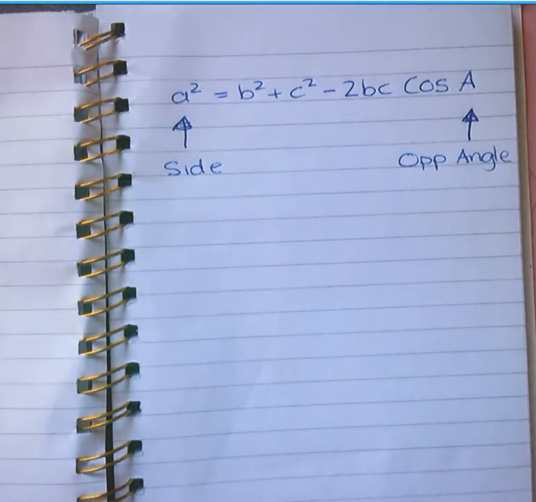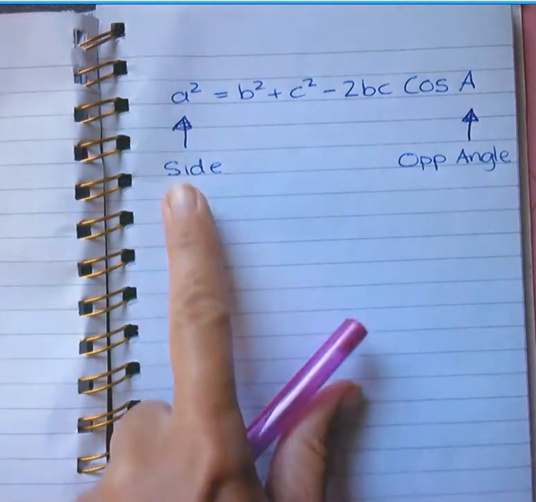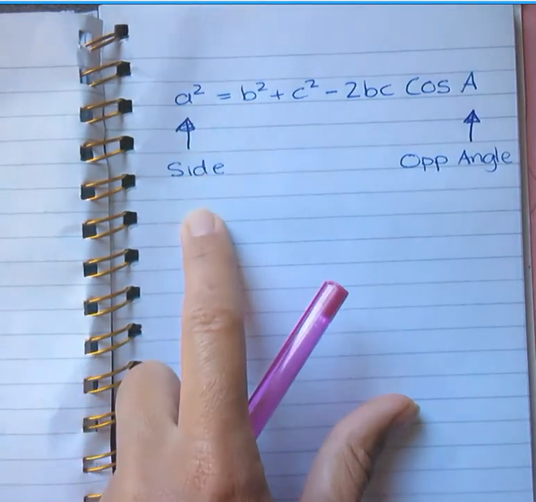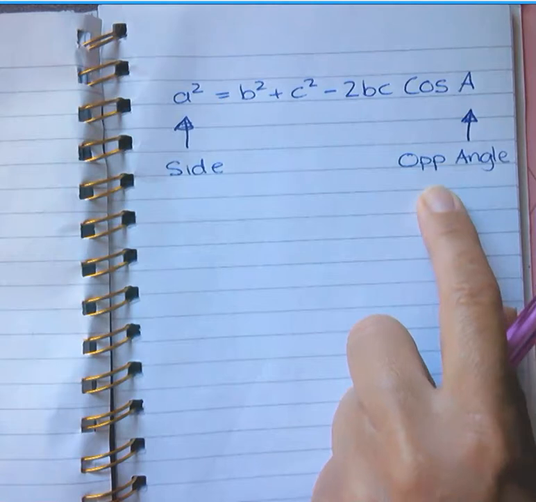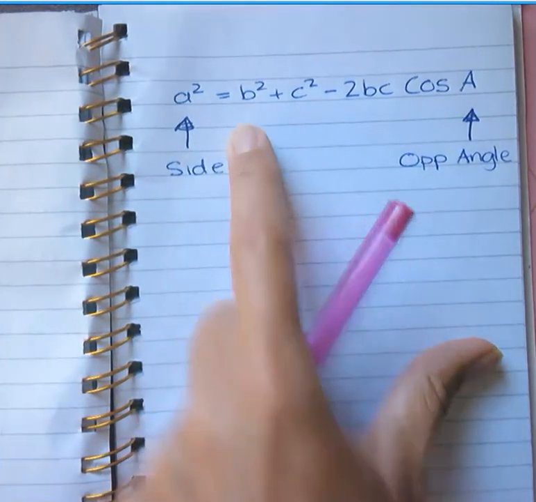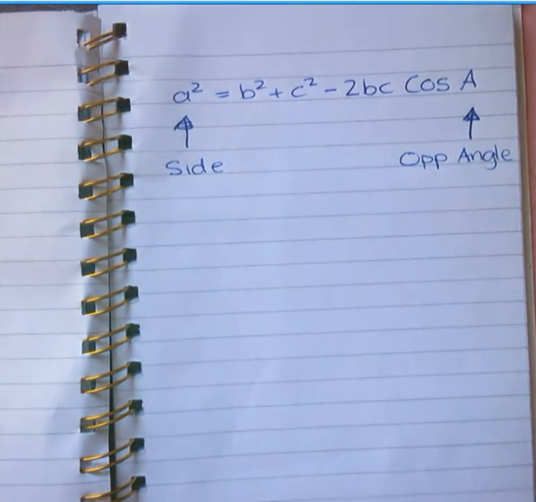The side that you're taking as a has to be the side opposite the angle you are using. Your b and c don't matter which way round, but your a and the angle have to be opposite each other.